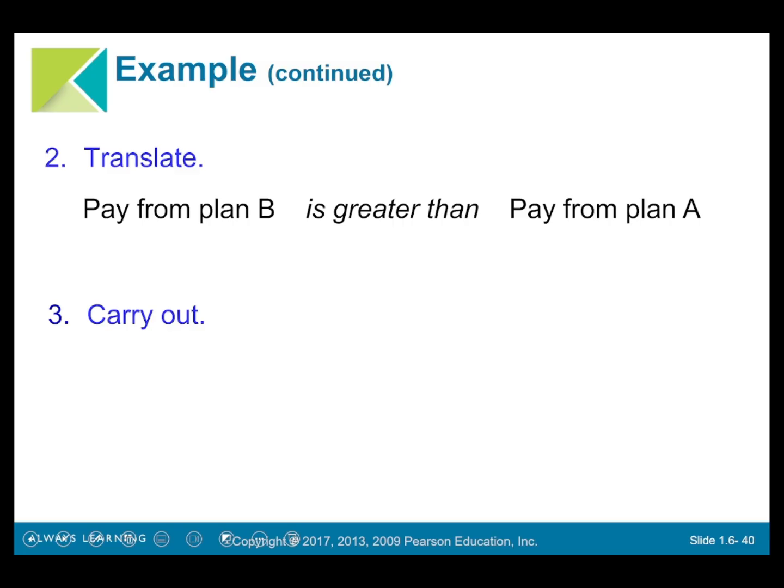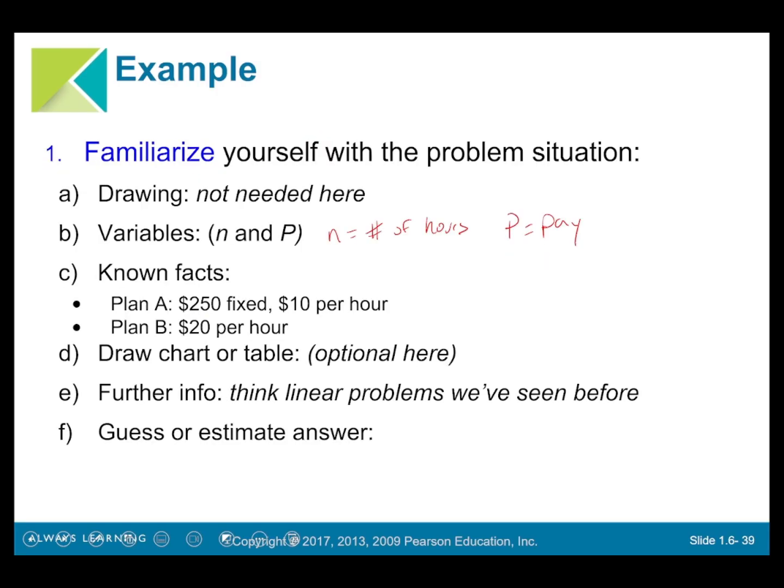So we need to translate this to our symbols now. Pay from plan B is greater than the pay from plan A. So if N is our number of hours, the pay from plan B, going back, $20 per hour. So remember, N is the number of hours. And so our pay from plan B, I'll just use a subscript B, is 20 times N. Now we've got to think about the pay from plan A, which is, going back a slide, $250 fixed plus $10 an hour.